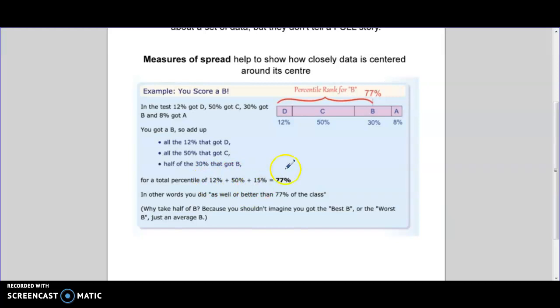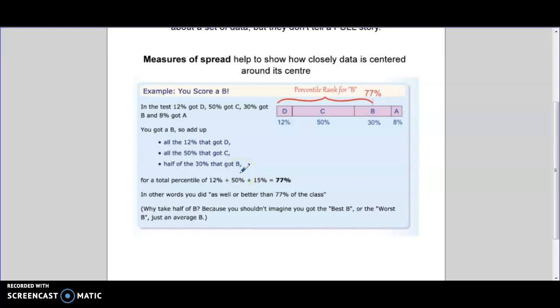The reason we use 15% for getting a B is we're not going to assume that we got a really high B or a really low B, just to try to estimate or get our best guess here. We're going to assume we were at the midpoint in that B range. So adding all that together, we get 77, like I said.